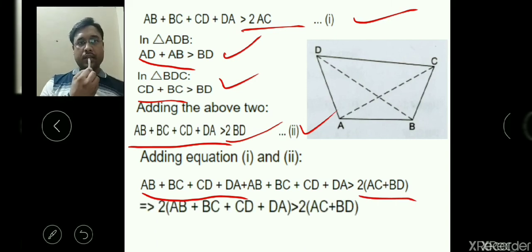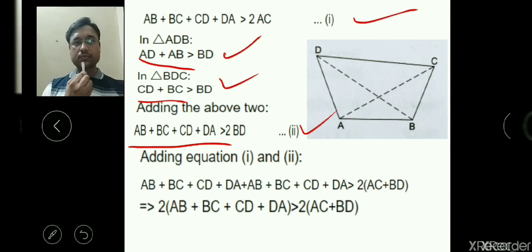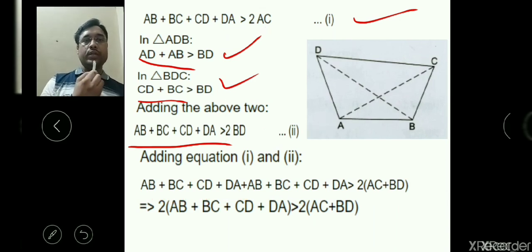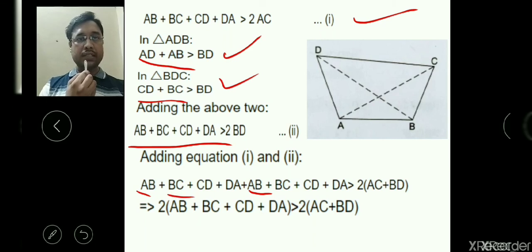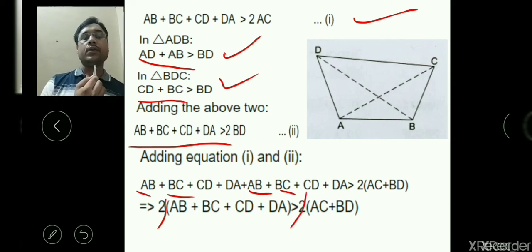Therefore on the left side, each term is coming 2 times, so take 2 common: AB plus AB is 2AB, similarly BC and BC is 2BC. Similarly all the sides are coming 2 times here, then this 2 and these 2 you can cut, because on both sides they will divide each other.